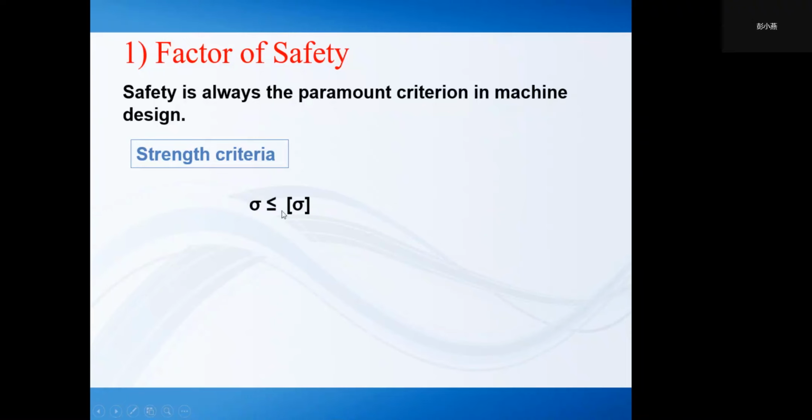This is the allowable stress, and the actual stress is obtained by calculation according to loading condition. And designers must ensure the maximum stresses are less than material stress limit by a sufficient margin to guarantee adequate safety for an element.